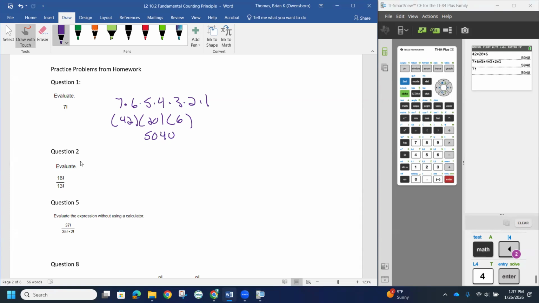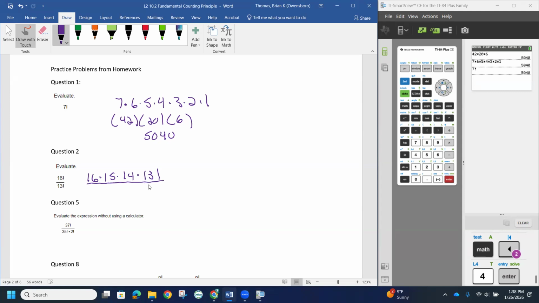So if I look at question two, if I have 16 factorial over 13 factorial, notice that in a fraction we can cancel out like factors. So notice how I can write this as 16 times 15 times 14 times 13 factorial. And 13 factorial kind of means counting on down 12, 11, 10, 9, 8, 7, 6, 5, 4, 3, 2, 1.